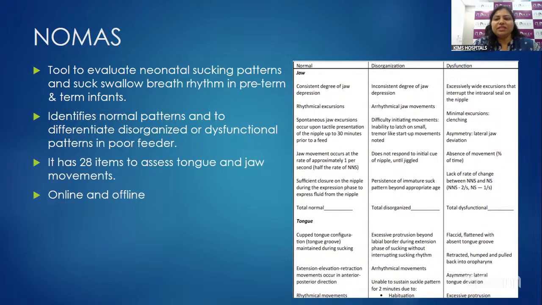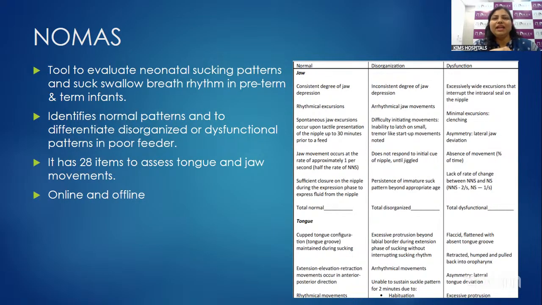Disorganized is basically something where they are trying to perform but are not able to perform in a proper manner. Dysfunctional is something more related to neurological, where the function is basically not present. So in easy words you can understand there is a difference between disorganization and dysfunction.